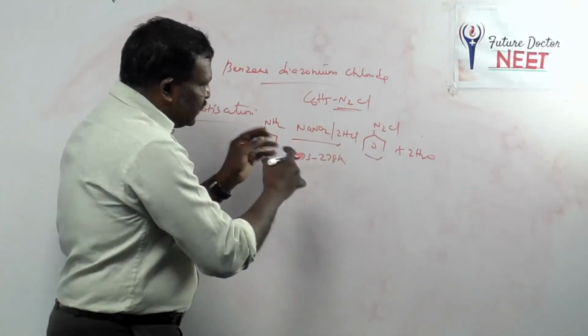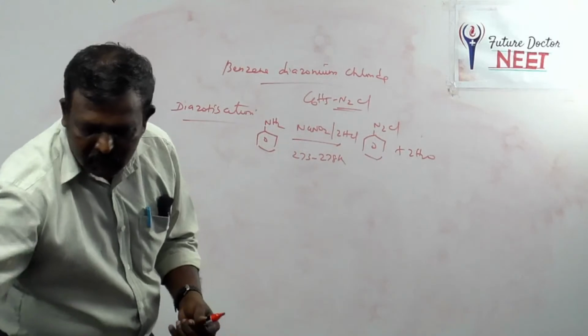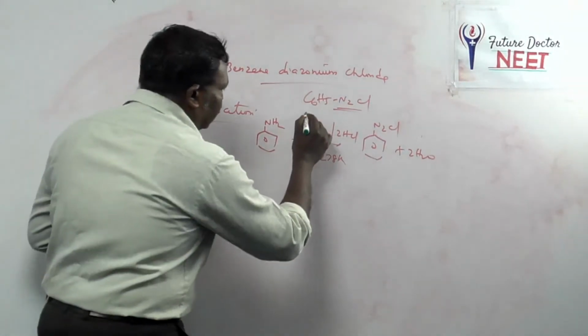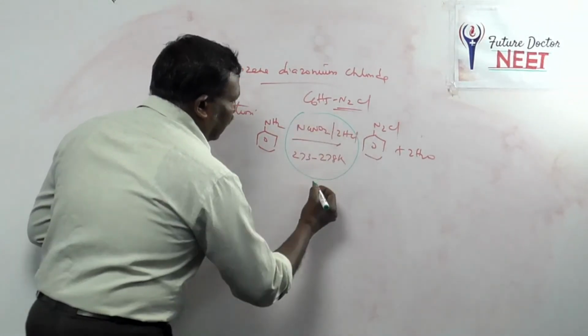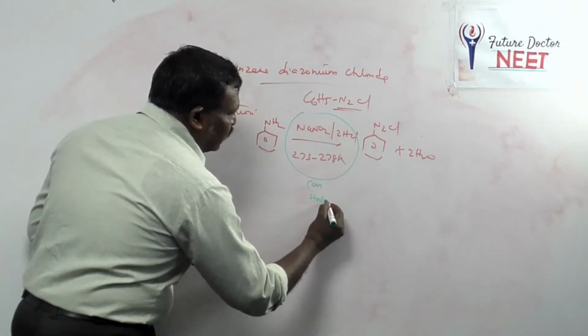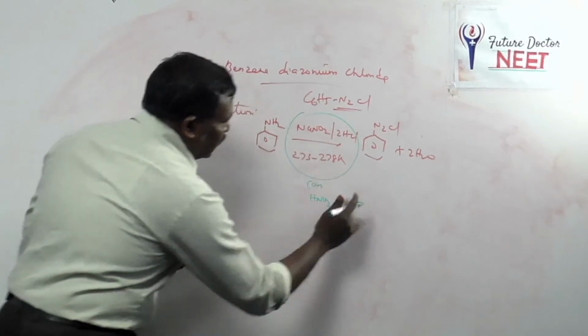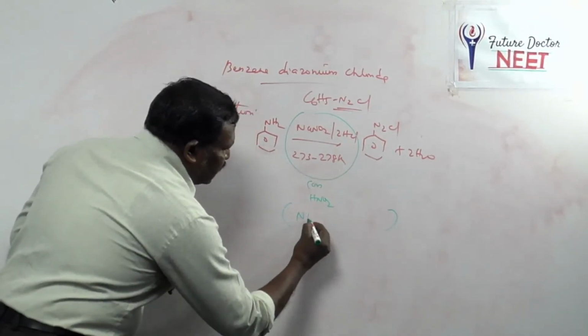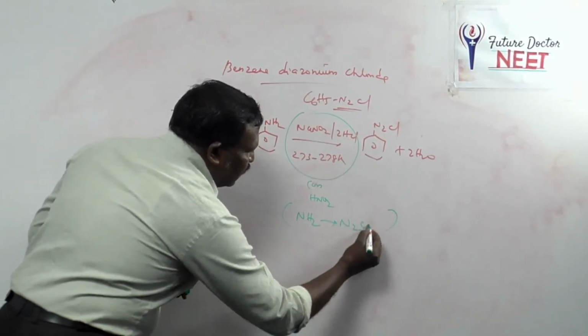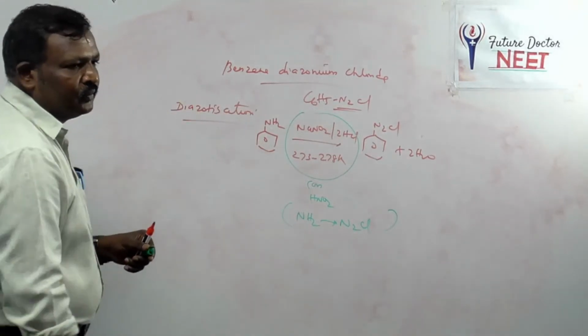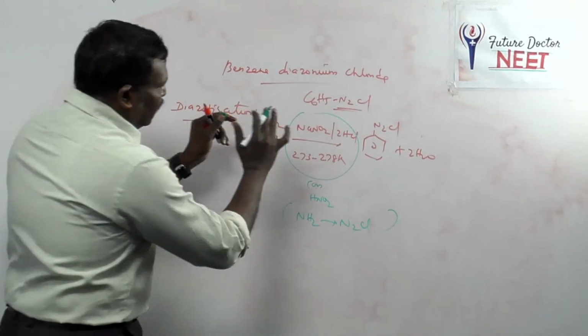Each and every reagent has some role. HNO2, what's the use? It converts NH2 to N2Cl. You following? Everything they'll give.